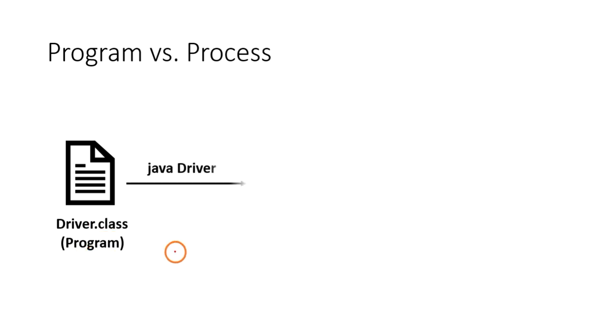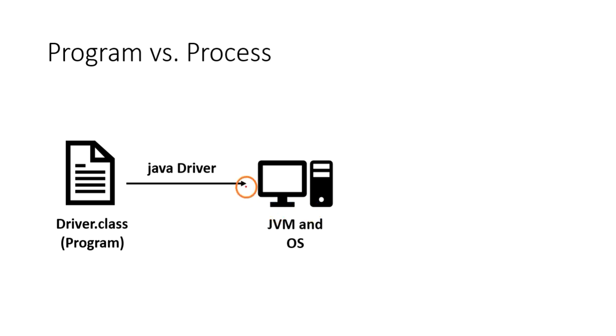Then whenever you give this as input to the JVM by giving the command java space whatever class name you created, this goes as input to the JVM, Java Virtual Machine, and then the JVM will convert that code to machine code and send it to the OS, operating system, either Windows or Linux or whatever OS you are using.